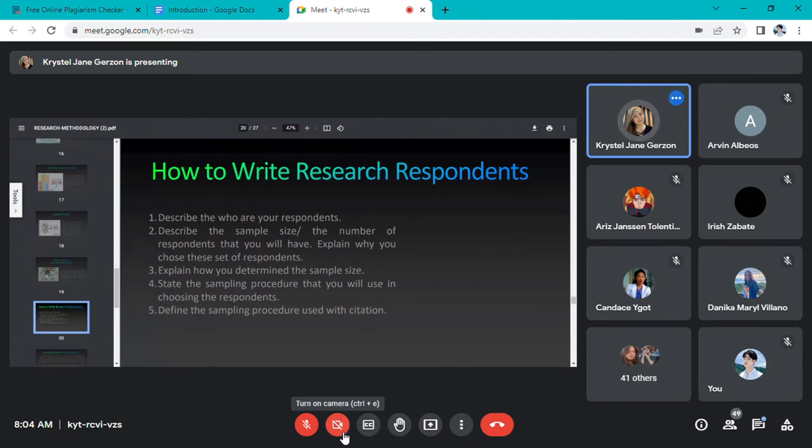So if you are using GAIN 1976, then you just need to mention, for example, that there are 30 respondents. The researchers will utilize 30 STEM students as the respondents of the study.